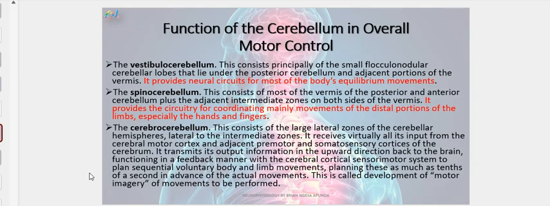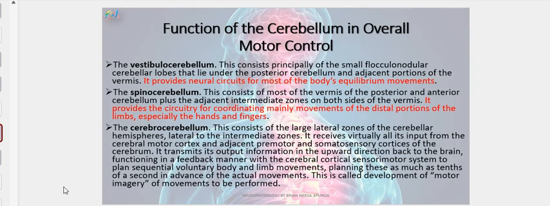We also have the cerebrocerebellum, which normally consists of the large lateral zones of the cerebellar hemisphere, lateral to the intermediate zone. It receives virtually all its input from the cerebral motor cortex, as we demonstrated, and the adjacent premotor and some part of the somatosensory cortex of the cerebrum.